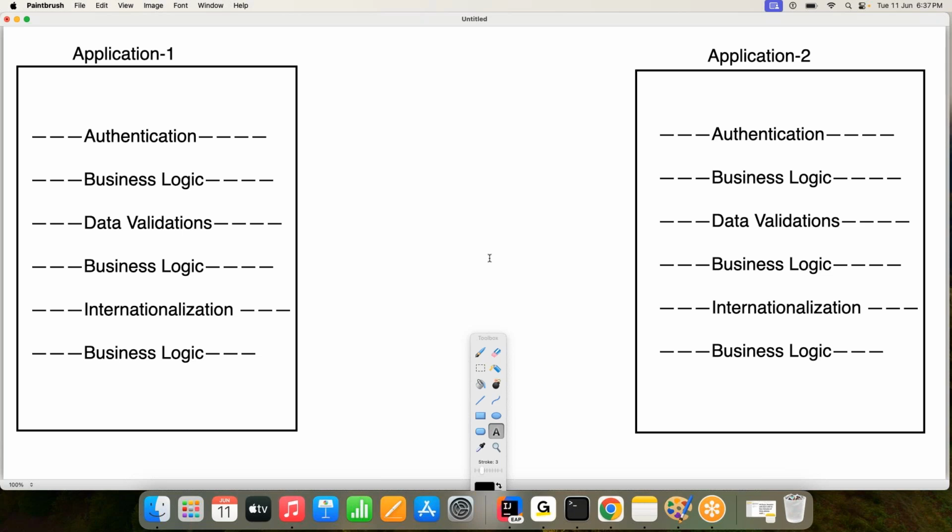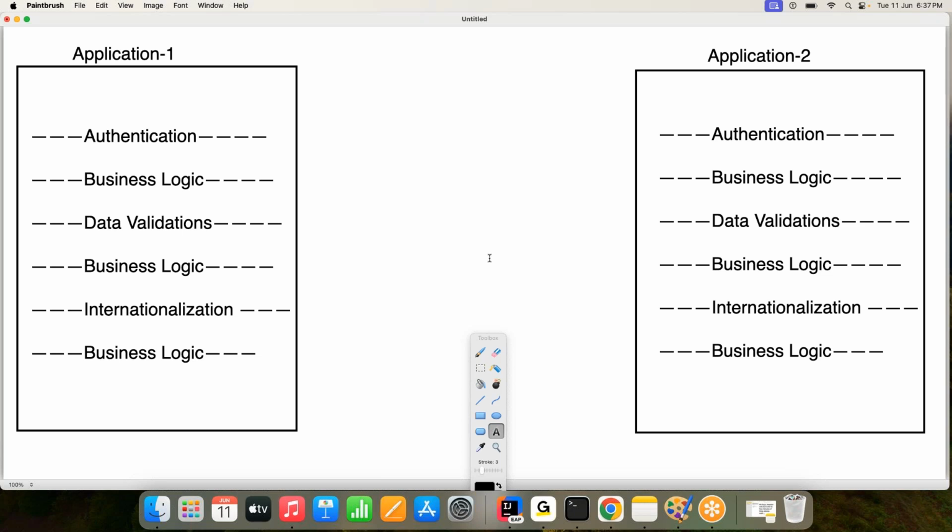In each and every program separately, we provided authentication, data validations and internationalization, or not? The services are defined in each application individually, or not? Reusability means if we define a service one time, we have to reuse it multiple times, in multiple applications.